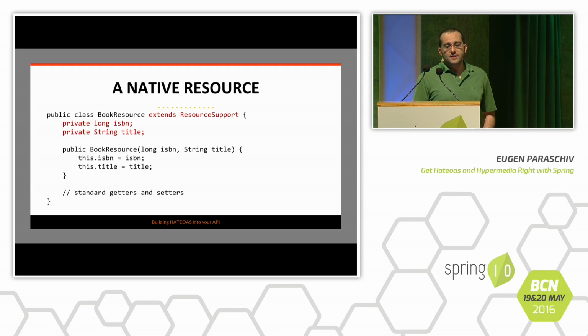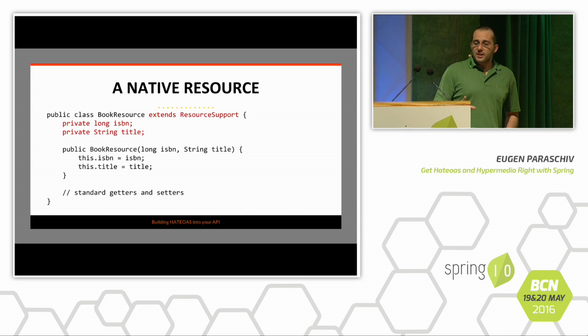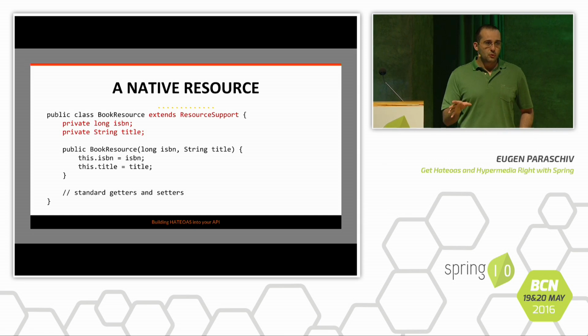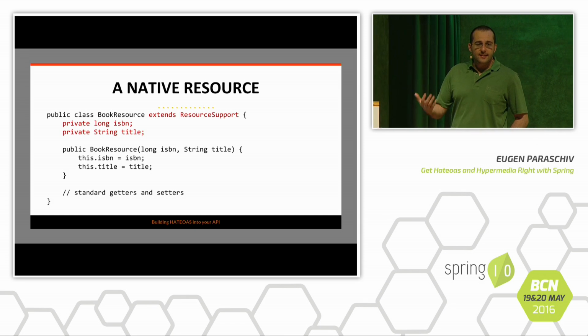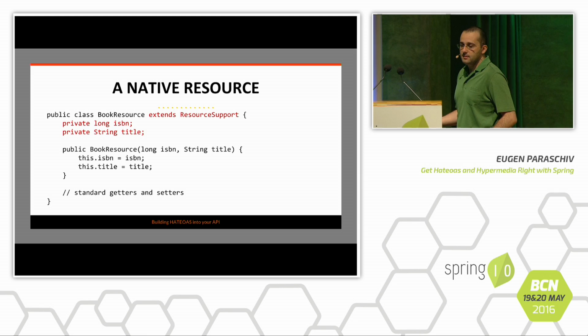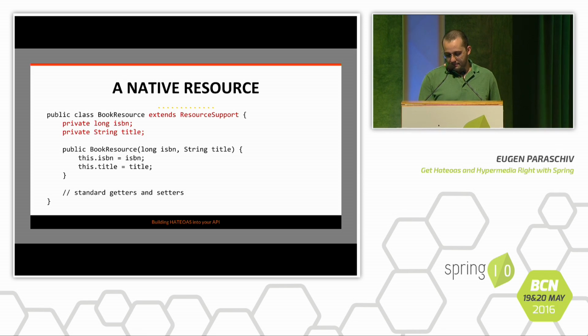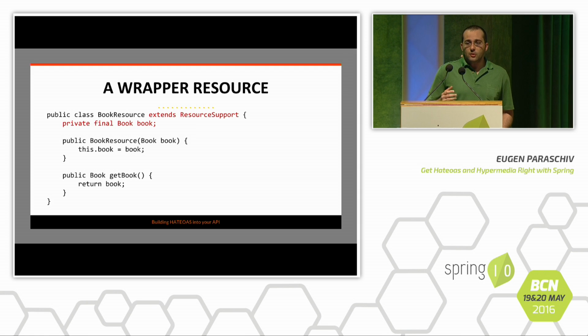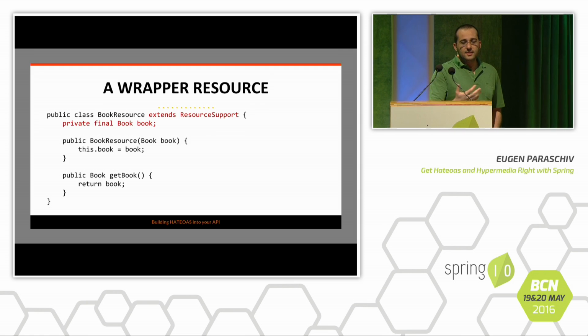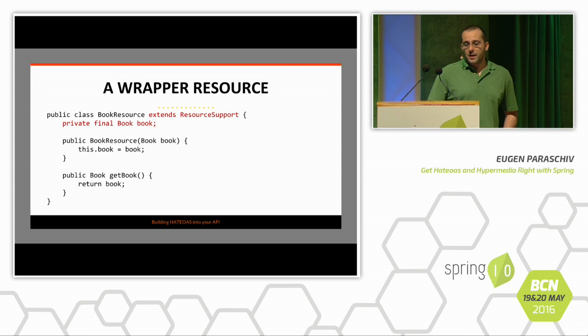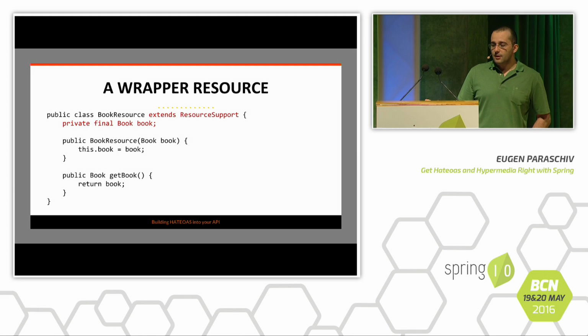The first thing you can do is extend ResourceSupport, and that's going to give you essentially the whole support for Spring HATEOAS. So linking support and a few other nice things. Now, if you're transitioning an existing API, you can also wrap your existing resources. You can wrap those, and this is how it would look.